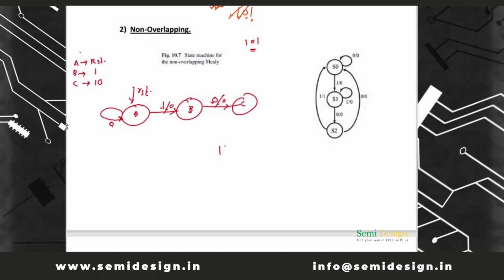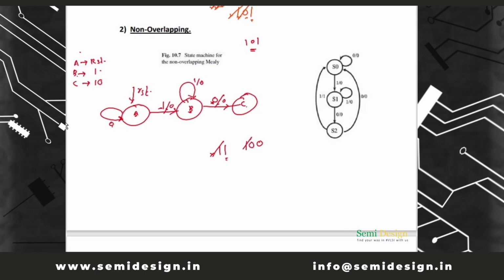What is opposite of 0? 1. Discard this first bit. Now see, 1 is remaining. Compare this 1 with this table. So 1 is nothing but B, so it will remain in B only, and output will be 0 because sequence is not detected. Now see, this 1, this 0, and we are at C, right? So this 1 0, and next bit is 0.